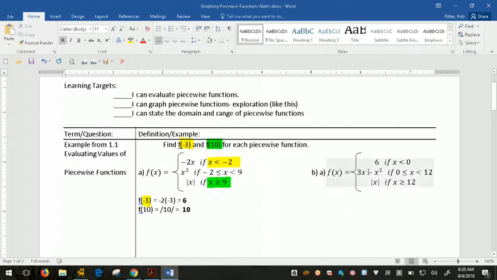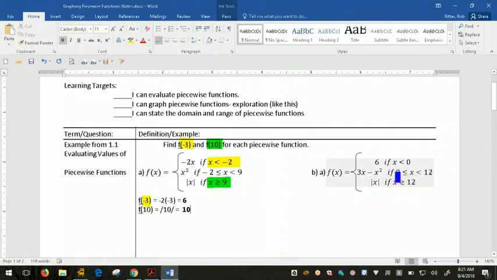Let's take a look at letter B. Again, evaluating piecewise functions, and for this function also, we're going to look at f of negative 3. First, I'm going to look at the three pieces. I have a constant function, y equals 6, which is a horizontal line. I have y equals 3x minus x squared, which is a quadratic, and again, the absolute value of x. For f of negative 3, this interval won't work because x has to be greater than or equal to 12.